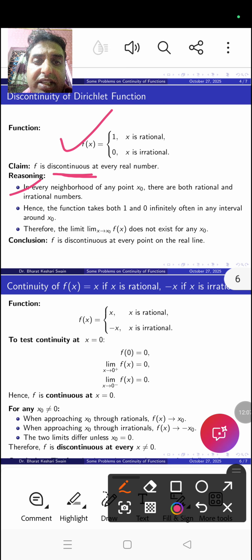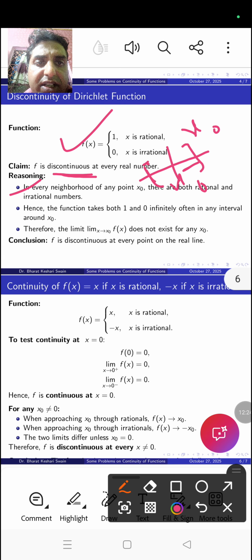If I take an interval around the point x0, then there are so many rational and irrational numbers, isn't it? These are real numbers, so it contains all rationals and irrationals. So there are an infinite number of rational and irrational numbers around a point x0.